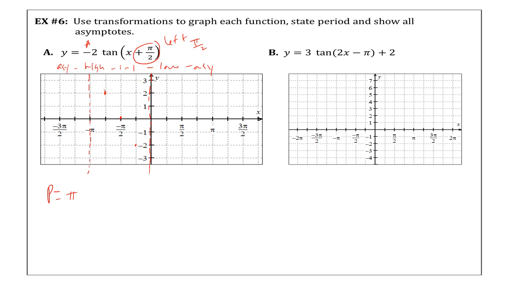Okay, so our pattern is, if you wanted to continue, asymptote, high, intercept, low, asymptote, and then following, it'll be backwards though, because I'm reading it backwards, right to left. So asymptote, then low, intercept, then high. So bear with me as I do my best to draw out my curves.